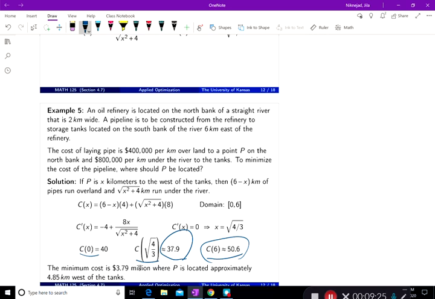You can also figure out where P is located using the square root of 4/3: P is going to be 6 minus the square root of 4/3 away from the refinery.